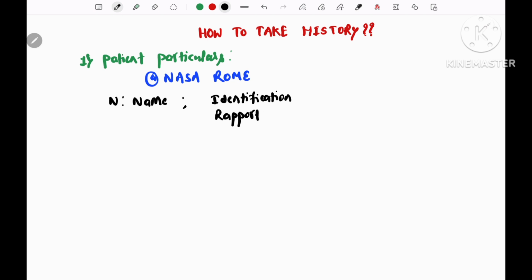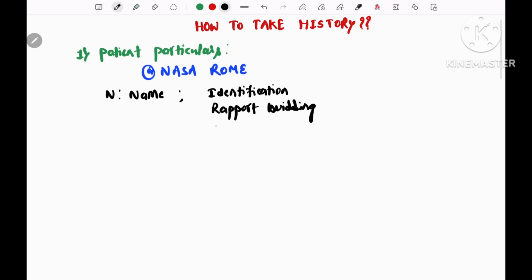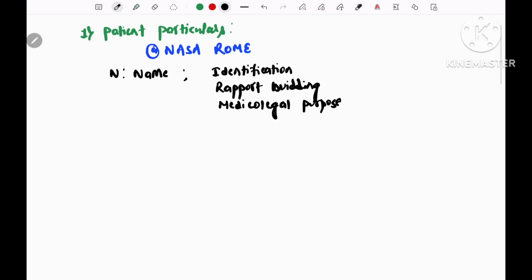So for rapport building, we ask the name. And the third point is the medico-legal purpose. So these are the 3 points due to which we mention name in the patient particulars.